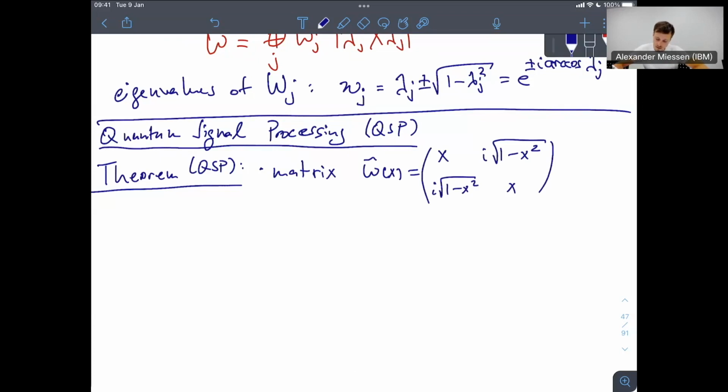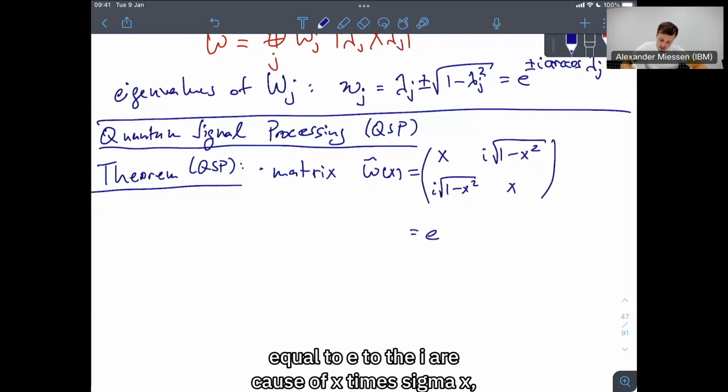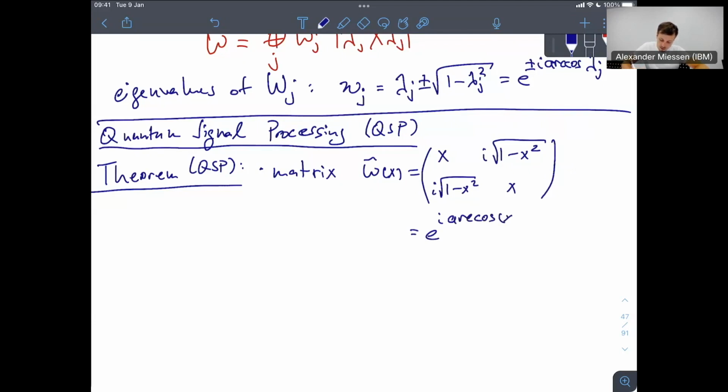Okay? And this is equal to e to the i arccos of x times sigma x. And this is a Pauli matrix, okay? So Pauli sigma x.